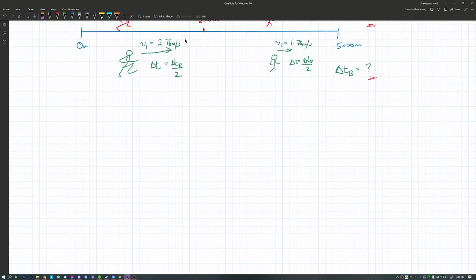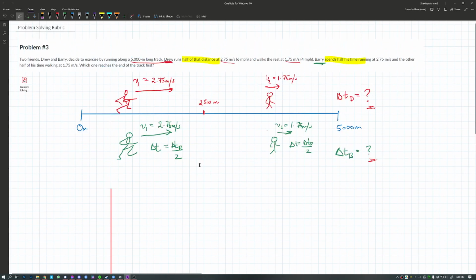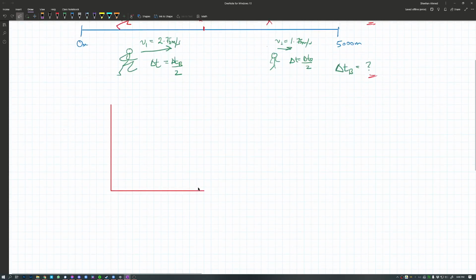All right. Again, red is always Drew, and Barry is green. So Drew runs for half the distance at a certain speed and the other distance at a different speed. Well, then maybe we can draw a velocity versus distance graph, right?